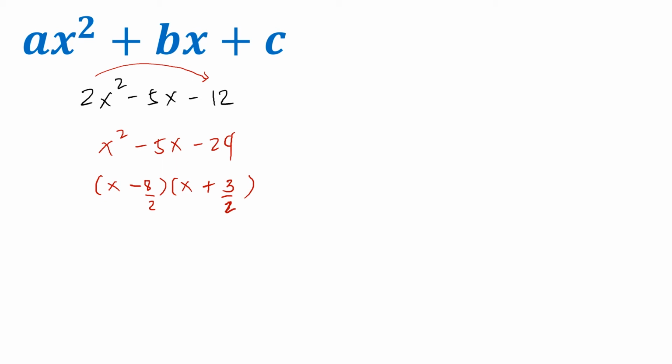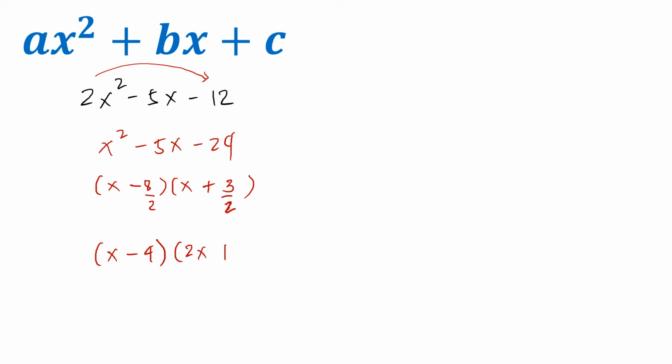If the second term in the binomials is exactly divisible by the coefficient of x squared, then divide it. That will be x minus 4. If it is not divisible, simplify the fraction. This time it's already simplified, and bring the denominator as coefficient of x.